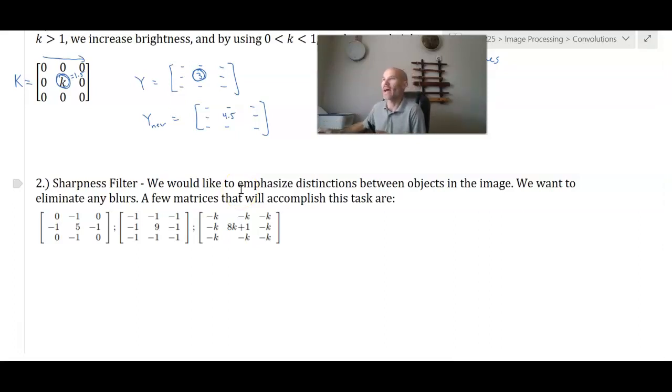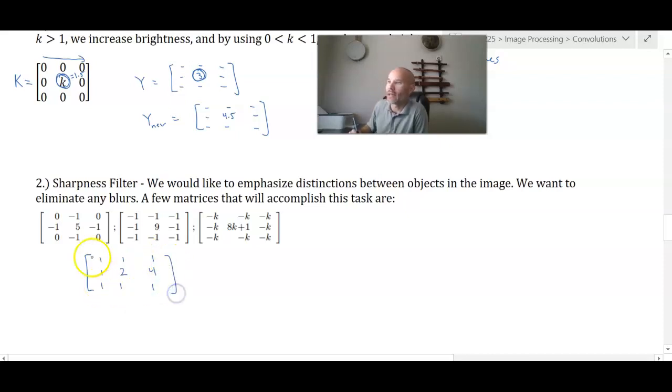Okay, let's take a look at how this sharpness filter works. Now, if you imagine, say something like this guy here, and let's say you have 1, 1, 1, 1, let's say 2, 4, 1, 1, 1, then the way this is going to work, okay, so first of all, these values are not going to get counted because they're going to get scaled by 0.